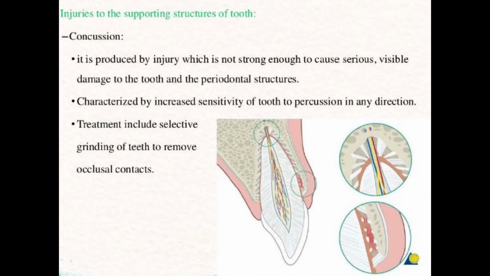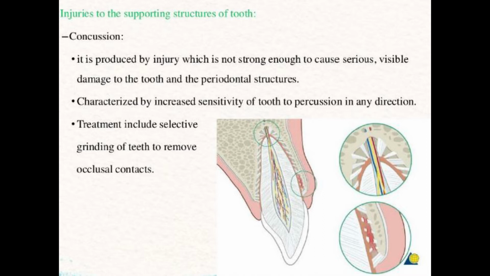What are the injuries to the supporting structure of the tooth? The first is concussion. It is produced by an injury that is not strong enough to cause serious visible damage to the tooth and the periodontal structures. On clinical examination, the tooth may not be mobile or displaced from its original position.